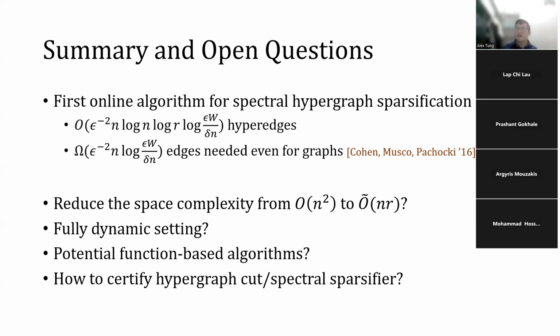But the weights by the end will be something like 2 to the n, so they'll need n bits. There could be some dependence on W if you want to analyze the number of bits. It seems like there's a dependence on n though.